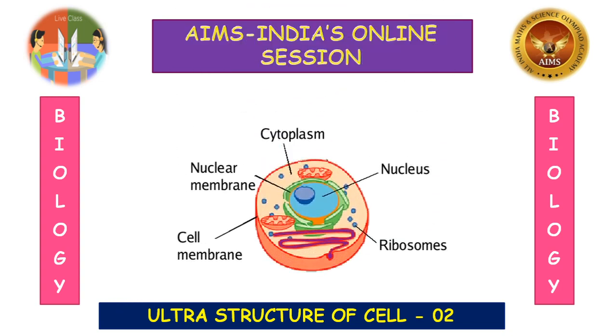So we have discussed the history of cell science: Robert Brown discovered the nucleus, and Robert Hooke was the first person to study the cell and introduced the term cell. Cell science began in 1665.